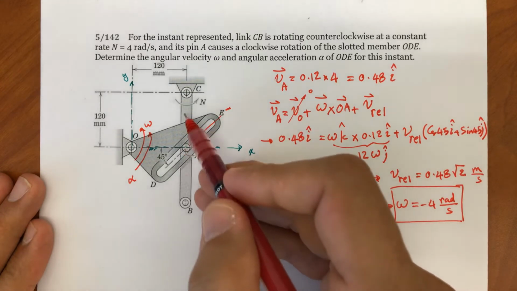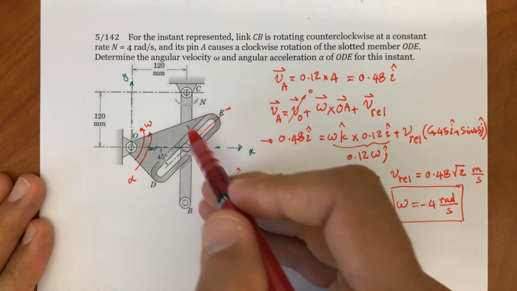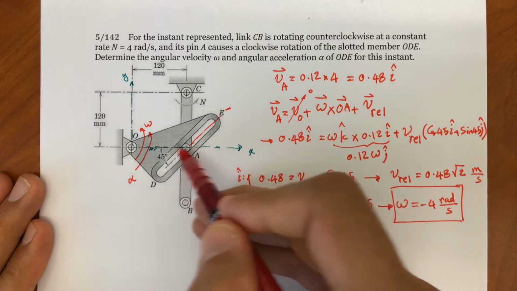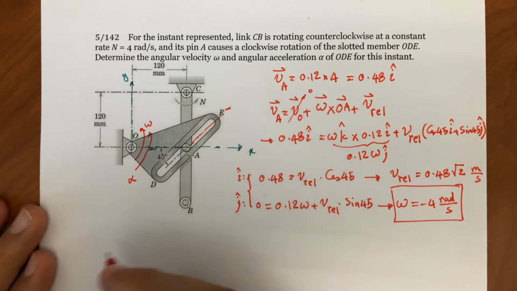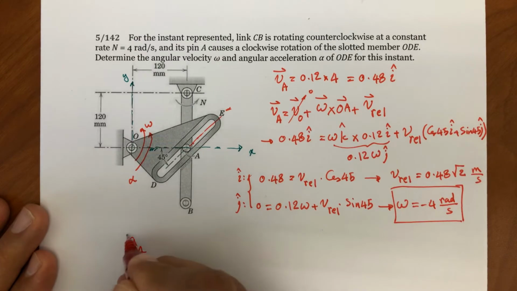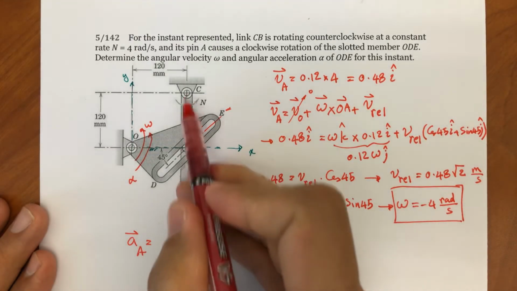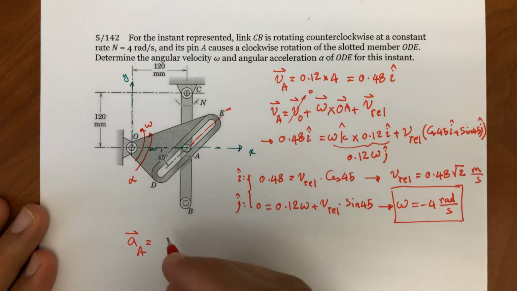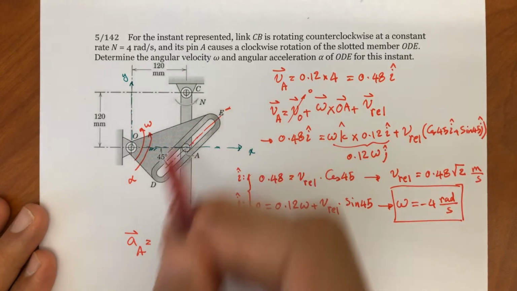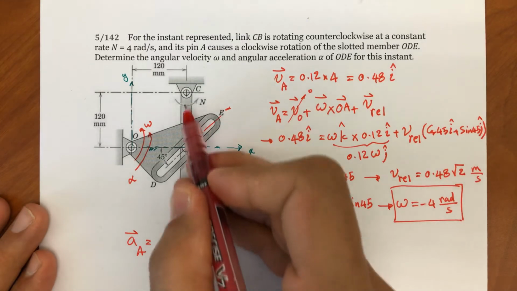But we have normal acceleration too, because again, A is moving on a circle with this center, right? So the actual acceleration of A is going to be equal to r times omega squared, omega of this arm. And the direction is going to be toward the center, which means in the j direction.